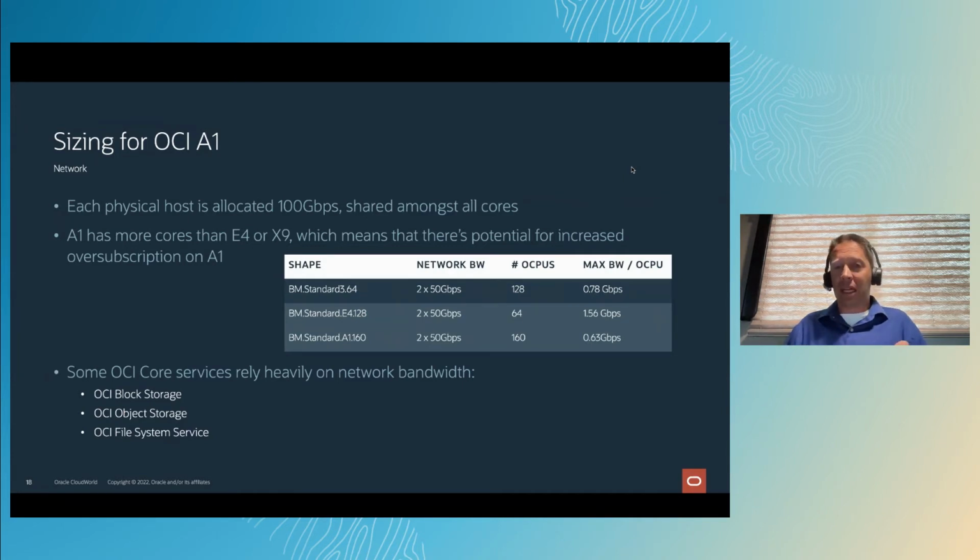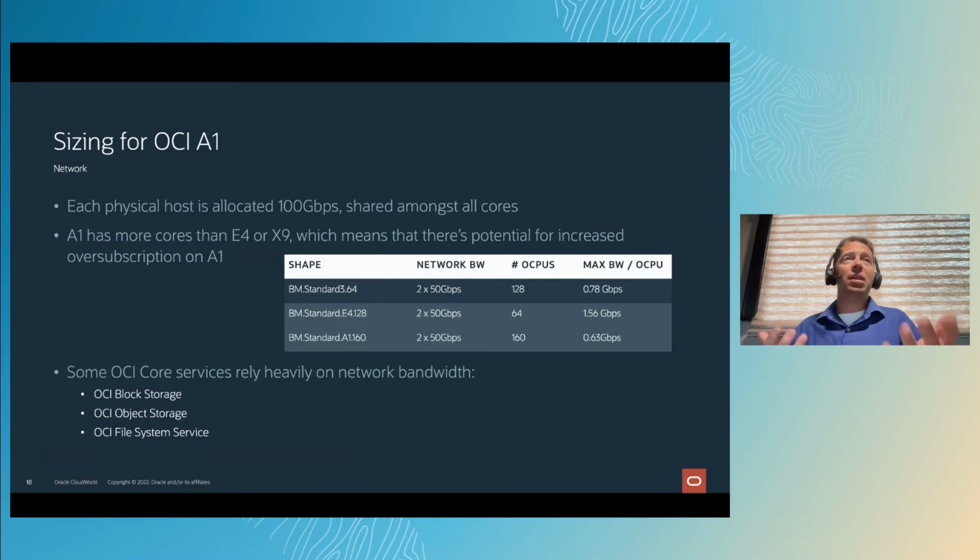What that means, netting it out, is that because we have a higher number of OCPUs, looking at the bare metal shapes here, for instance, for the Intel we have 128 OCPUs, the AMD would have 64, and on the A1 we would have 160.